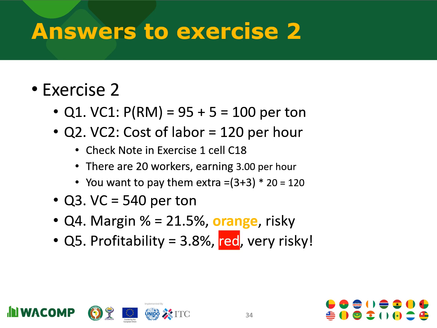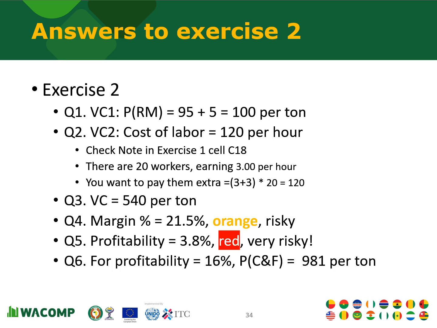Question 5. Check profitability. Is it acceptable? Well, you read cell F9, profitability is 3.8%, it's red, it's very risky. You will want to do something. So question 6, what sales price do I need to get 16% profitability?